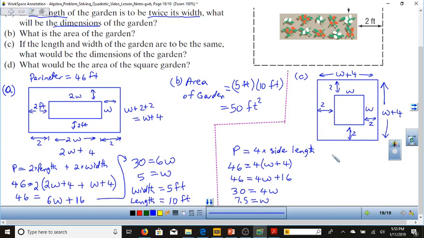So the dimensions of the garden would then be 7.5 feet by 7.5 feet. And the area of the garden, which would be part D, would simply be the square of 7.5.